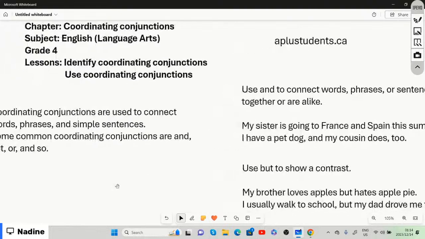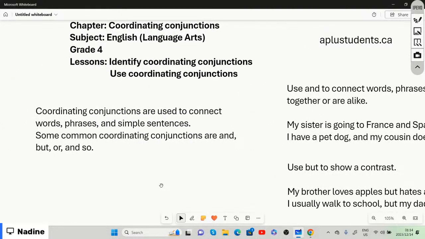We said coordinating conjunctions are used to connect words, to connect phrases, and to connect simple sentences. And our coordinating conjunctions are and, but, or, so.